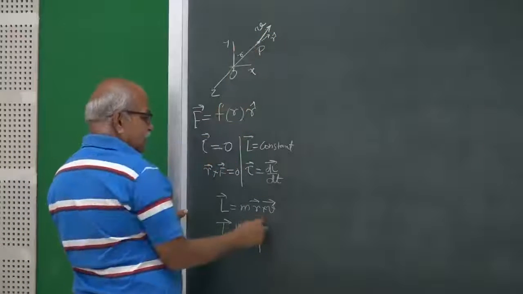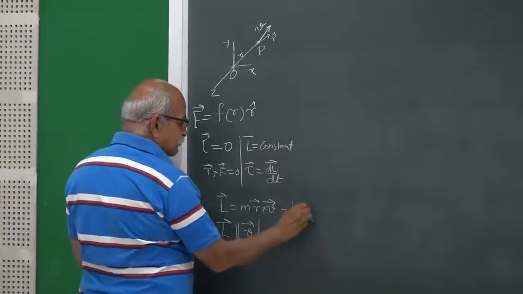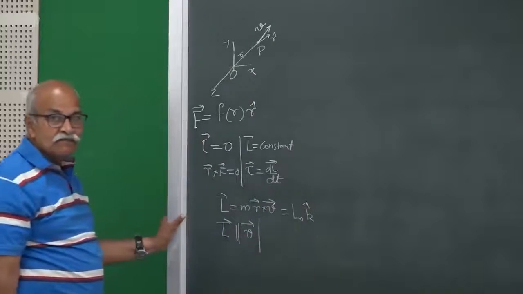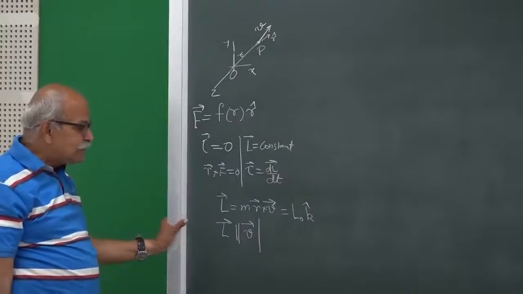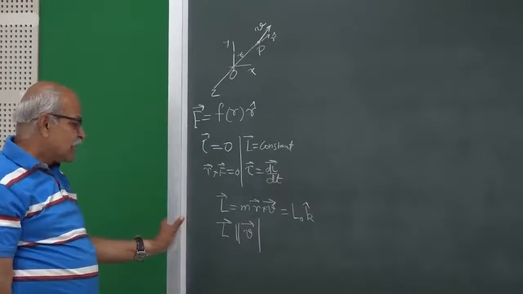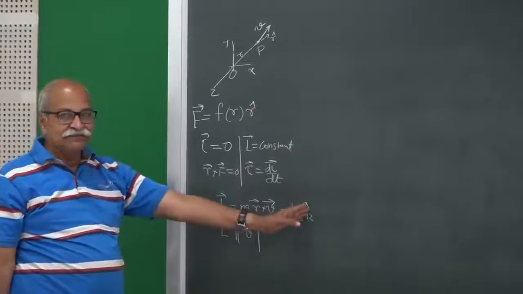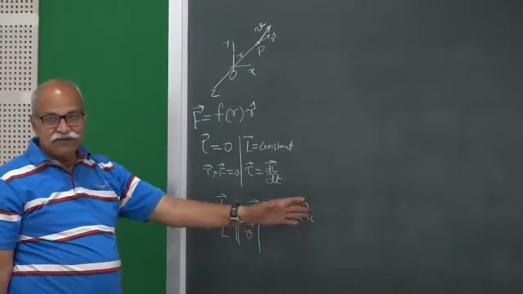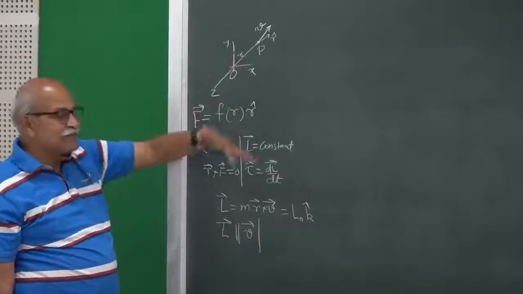So, r cross v is in z direction. So, this is some L naught times k cap. So, initially there is no velocity component in z direction, and velocity has to remain perpendicular to the z direction, and therefore, you cannot have the particle out of this xy plane.